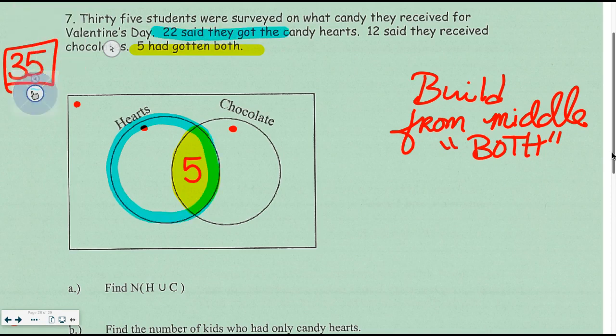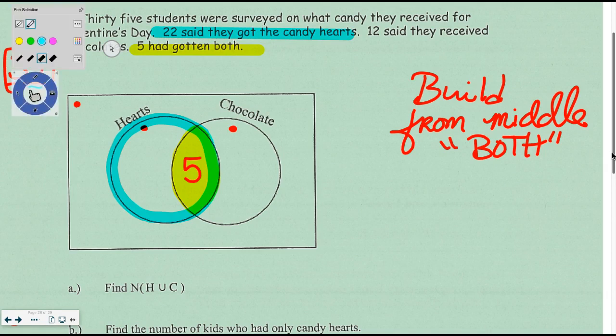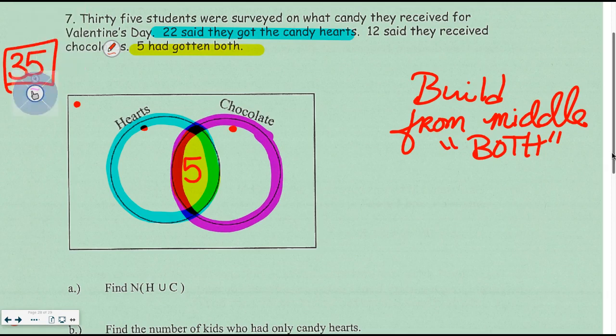And there were 22 of those. 12 said they received the chocolates, and we'll make that purple. All right, so it matters whether they get only chocolate or just chocolate and hearts.